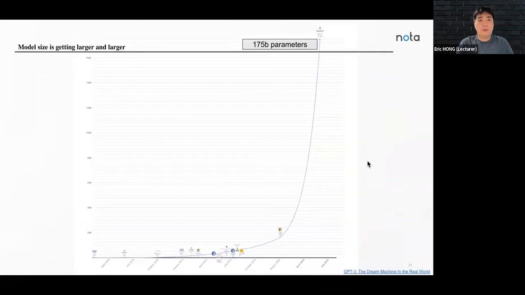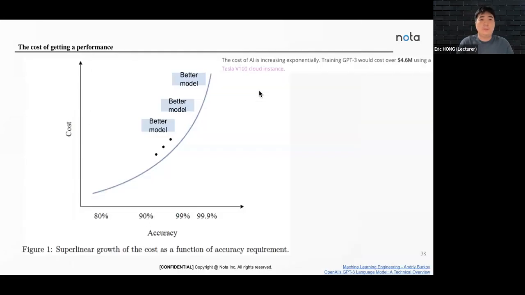And the problem of the current decision machine, also called an AI model, is that model size is getting bigger and bigger. It was April 2020, around 2 years ago, that OpenAI introduced the GPT-3 model, which has 175 billion parameters, which is very huge.